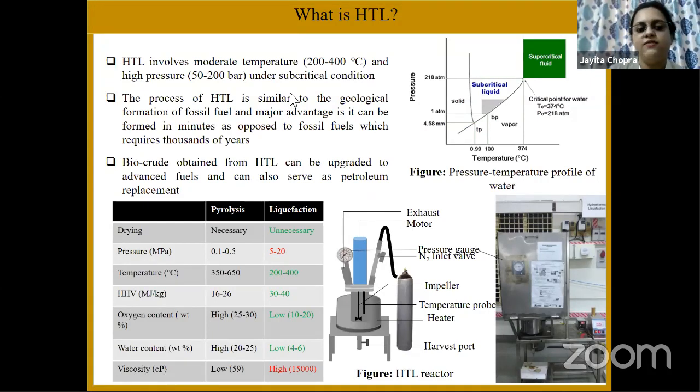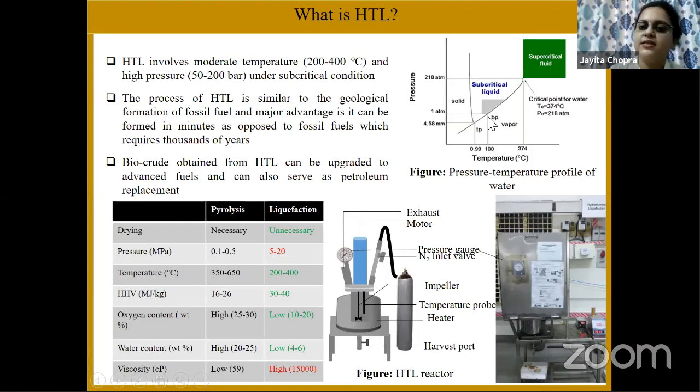It is a thermochemical process, involving a temperature of around 200 to 400 degrees Celsius and a high pressure of around 50 to 200 bar. This shows the pressure temperature profile of water. Here you can see above 100 degrees Celsius and below 374 degrees Celsius, which is the critical point of water, is the subcritical liquid region.